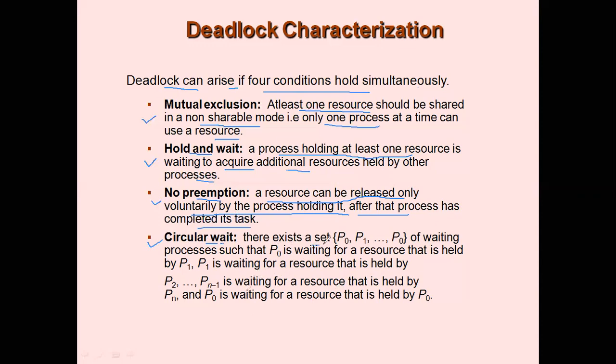So there exists a set of processes P0, P1, and so on, such that P0 is waiting for a resource held by P1, P1 is waiting for a resource held by P2, Pn-1 is waiting for a resource held by Pn, and Pn is waiting for a resource held by P0. So this is a circular queue. These four conditions are mandatory for a deadlock to occur. It's a very important question, guys.